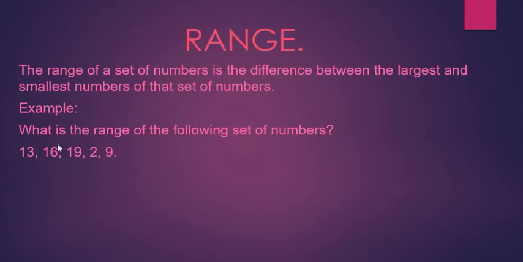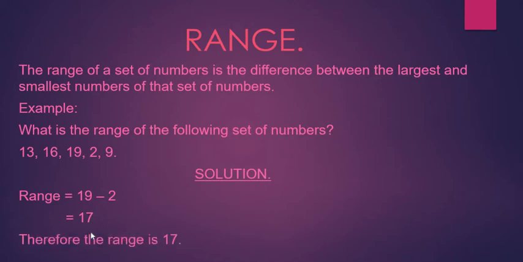The smallest number from this ungrouped data is 2, and the largest number is 19. So the solution is simply to subtract 2 from 19, and that will give us 17. Therefore, the range is 17. It's kind of easy, right? So the range is not difficult, it is very easy.